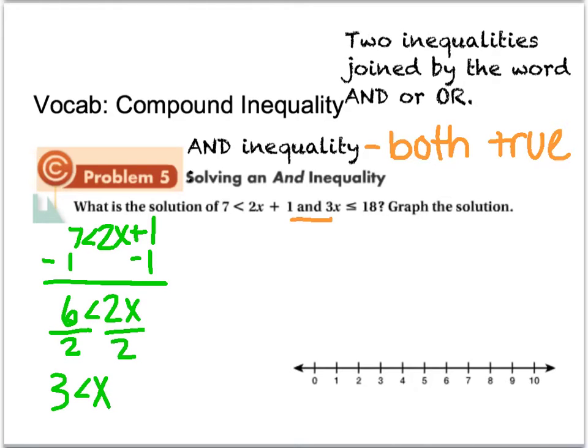So 3 is less than x, which is the exact same as saying that x is greater than 3. I'm just reversing the sides of x and 3.